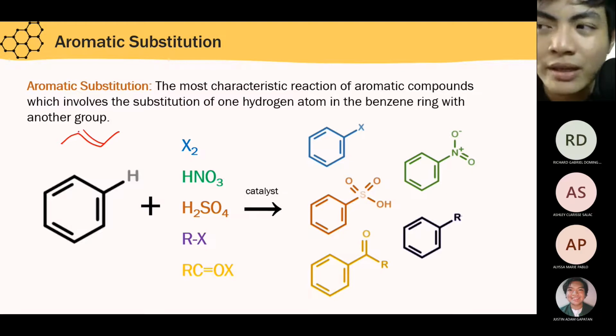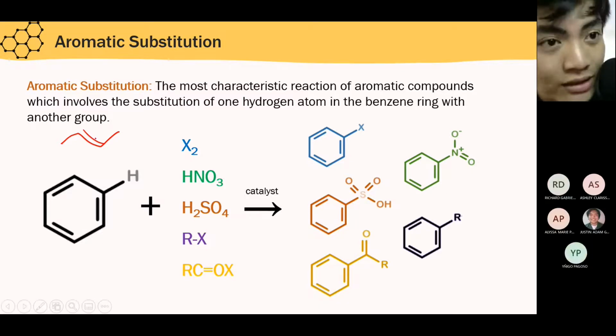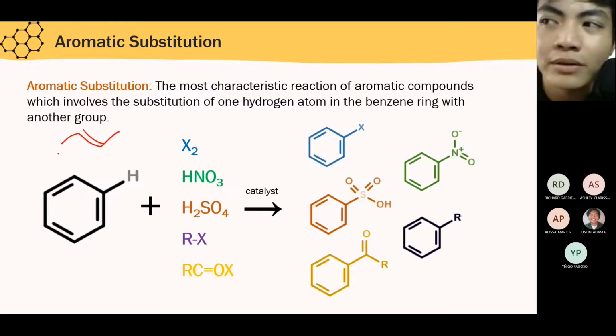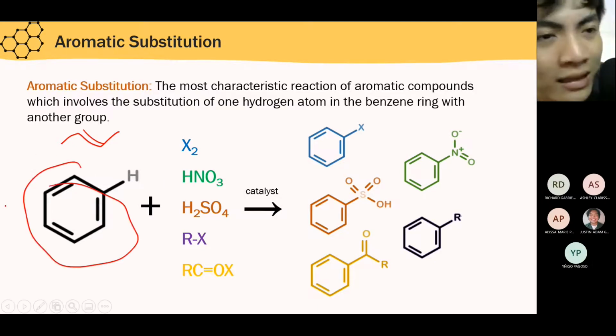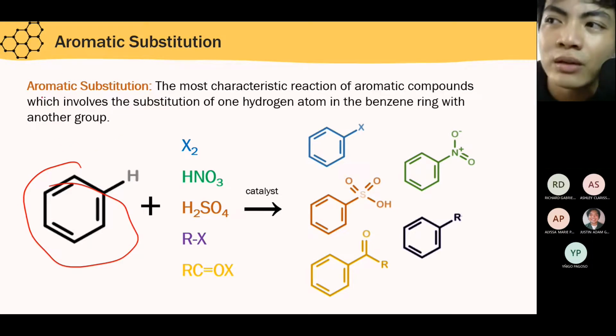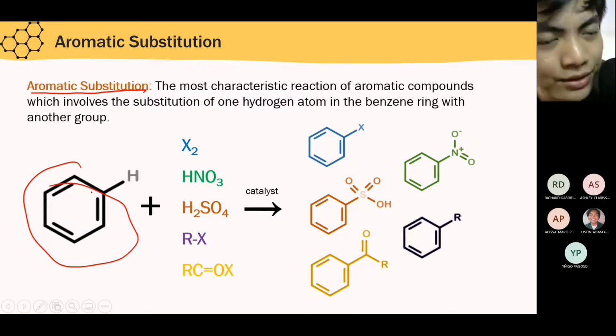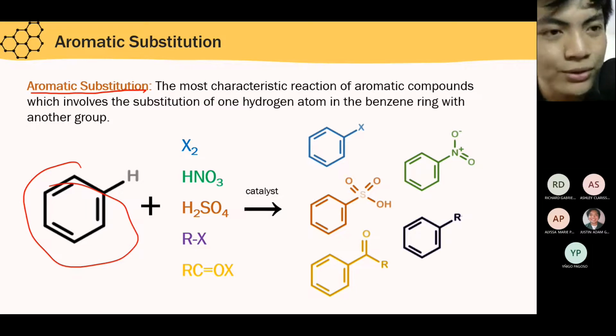Again, ang reaction involving alkene is called addition reaction. Pero if you have a benzene, it is not called addition reaction. Rather, we call it aromatic substitution. So, bakit aromatic substitution, at ano yung isa-substitute? Kasi, sabi nga natin, yung double bonds ng benzene contribute to the stability.